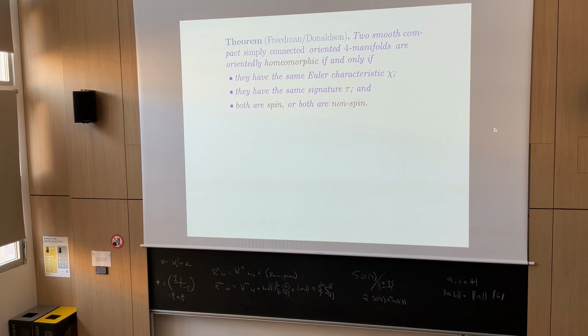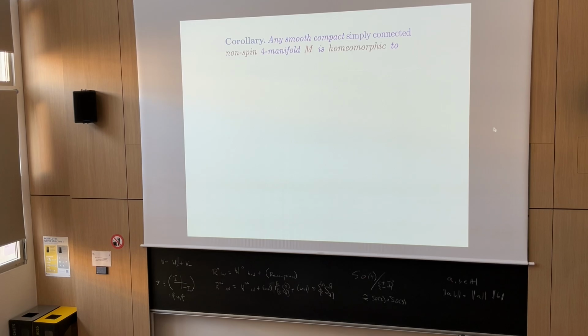Otherwise, there are extra invariants that you have to include in order to get a classification. If the two things are smooth and both simply connected, it's enough to check they have the same Euler characteristic, the same signature, and they're both spin or they're both non-spin.